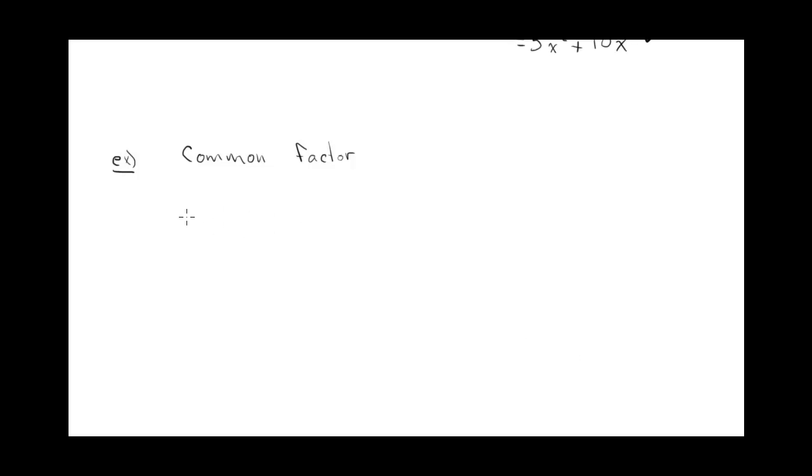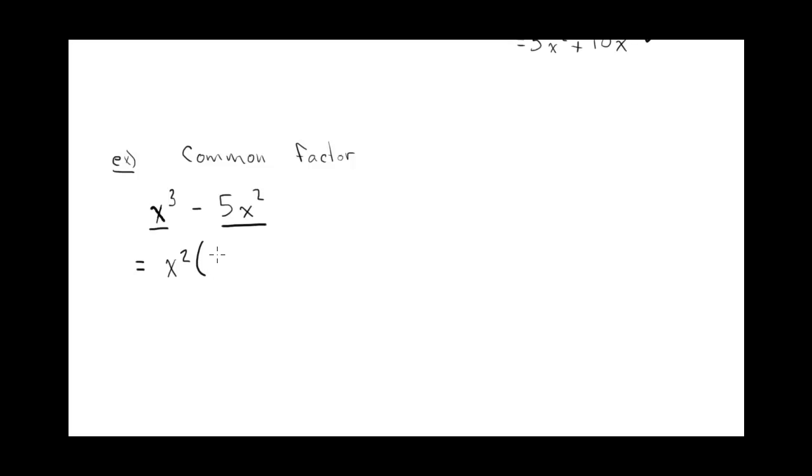We can see lots of different types of examples. We'll just do a few right here. Let's say something like x cubed minus 5x squared. What's the greatest common factor of x cubed and 5x squared? The number here is 1, since the largest number which divides 1 and 5 is just 1, so we don't write it. But for the variables, the largest common factor of x cubed and x squared would be x squared.